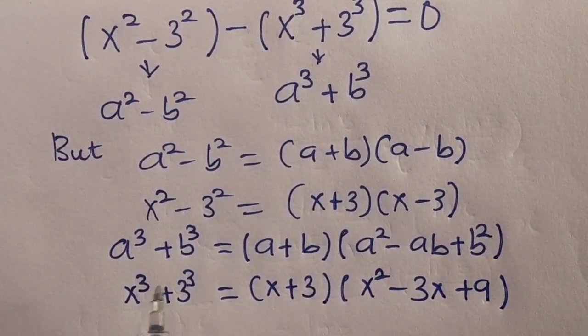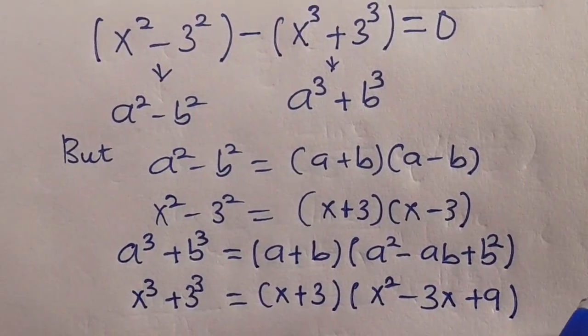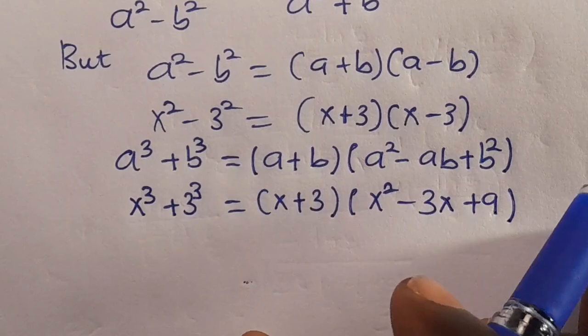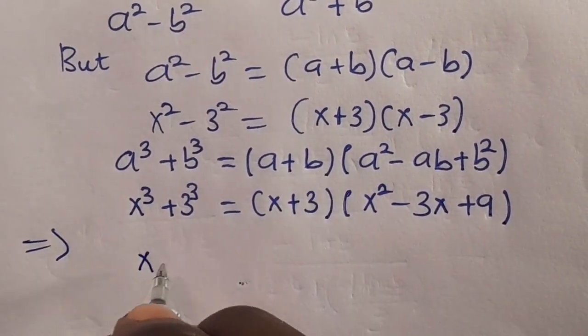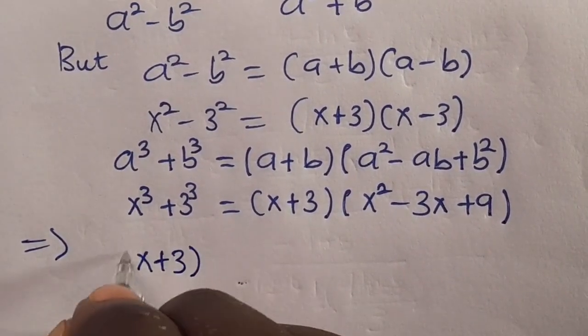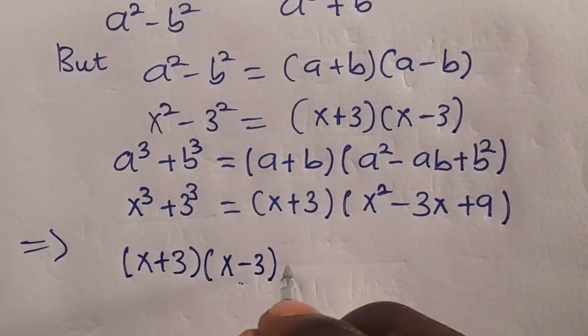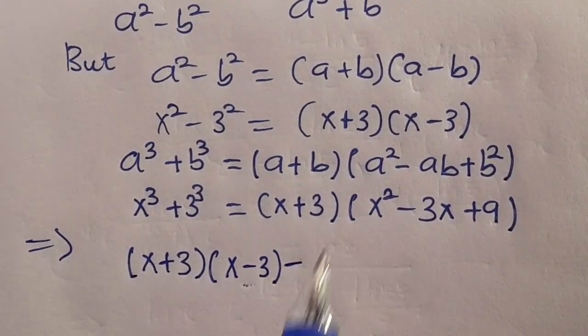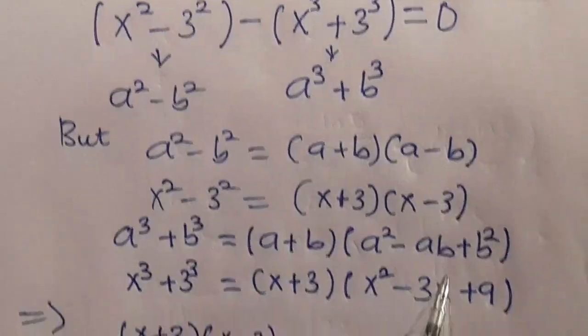Then let us now substitute this and this here. Then we are going to have x plus 3 multiplied by x minus 3. Then we have minus from here to be outside.